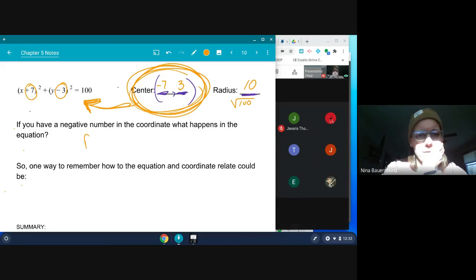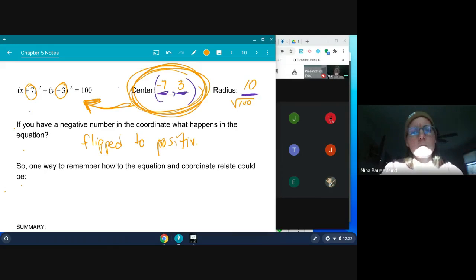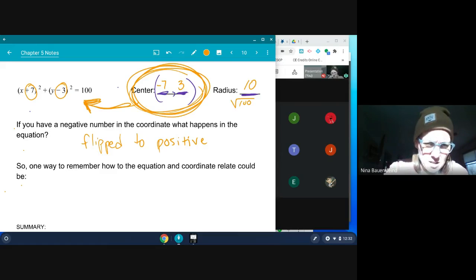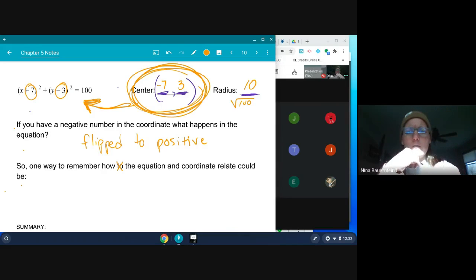Yes, it's flipped to positive. Sorry, that got really messy. Positive. And so, one way to remember how the equation and coordinate relate could be that they're opposites.